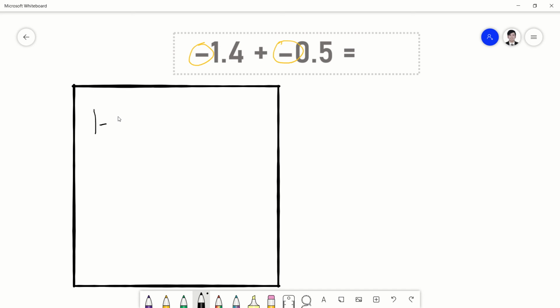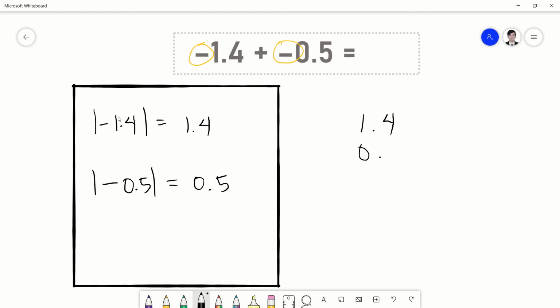So the absolute value of negative 1.4 is equal to 1.4. And then the absolute value of negative 0.5 is 0.5. Then we add the absolute values of these numbers. So we need to align the decimal points, 1.4, then 0.5.